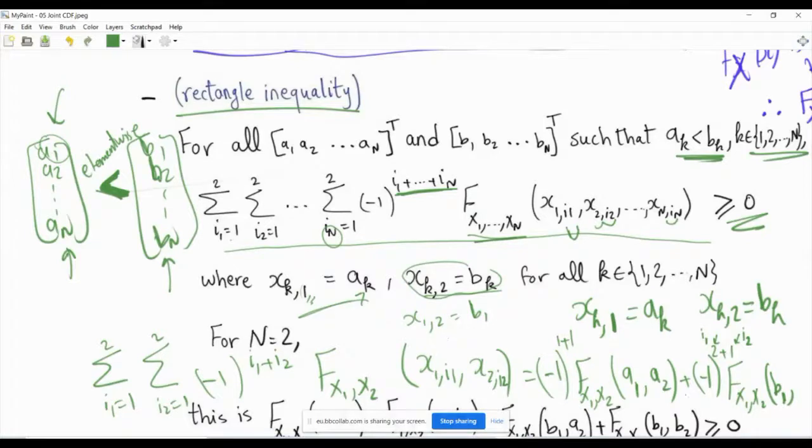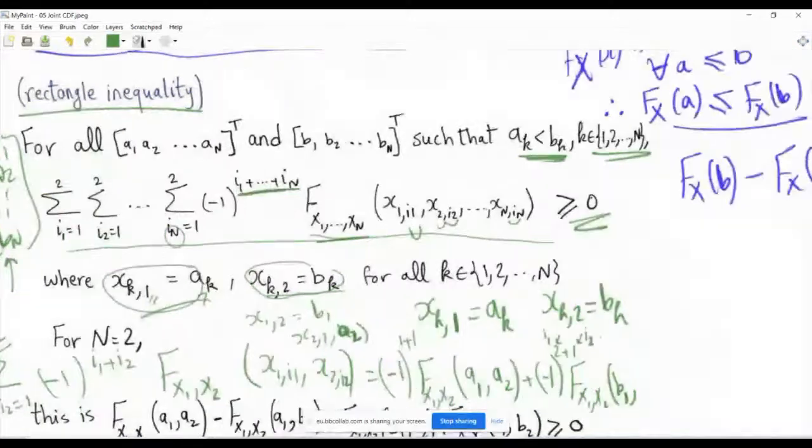And then we have x2,I2. I2 is equal to 1, so this will be x2,1. Any xk,1 is basically ak. So x2,1 will be equal to a2, a direct application of this thing. So b1, comma, a2.